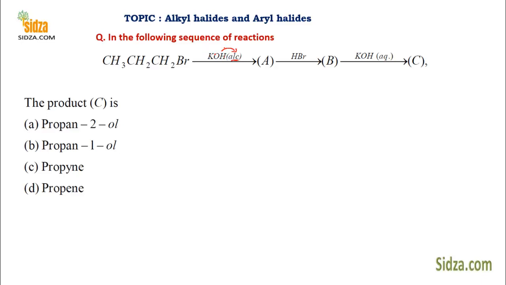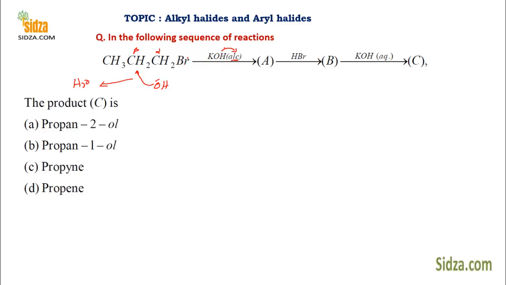So it is this hydroxide ion that takes the beta hydrogen atom. This is the alpha carbon and this is the beta carbon. The hydroxide ion attacks the beta hydrogen atom and abstracts the hydrogen from the beta carbon, and you get water. Then the bromine is lost from the adjacent position, and you get a double bond in between. So if you react potassium hydroxide with alkyl halides in alcoholic medium, elimination will occur, dehydrohalogenation will occur.